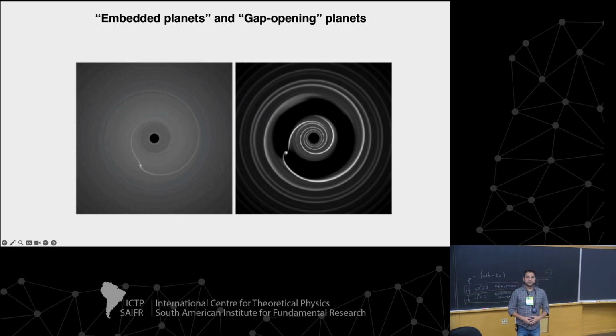So rogue planets could be formed either by being formed in a disk and then kicked out by three-body scattering, or by direct gravitational instability from the same cloud that formed the other objects. We don't know yet which mode is the main one.